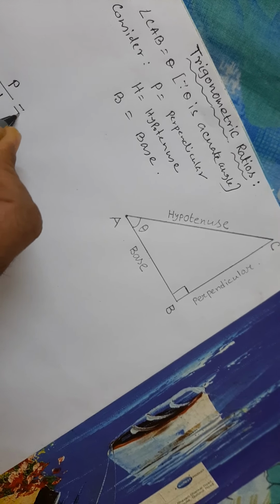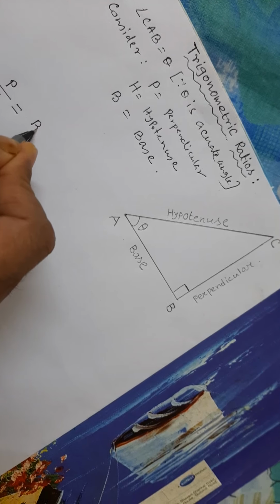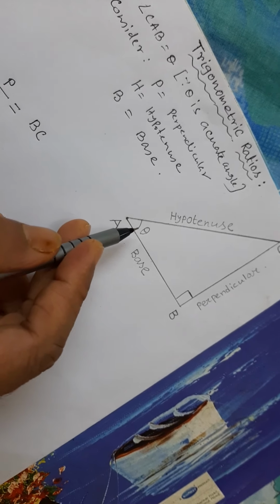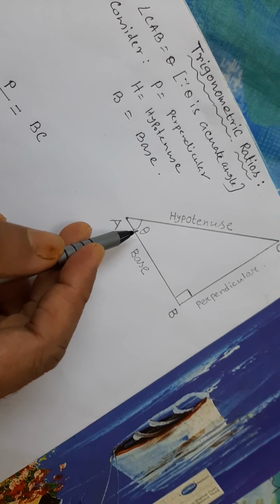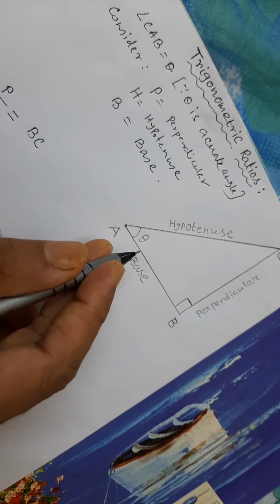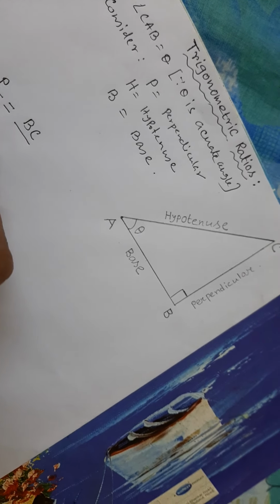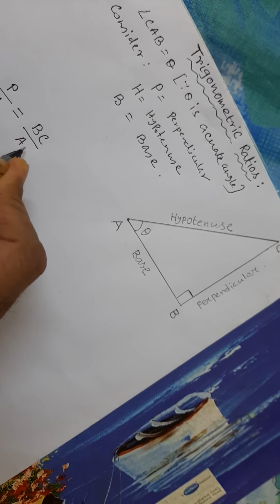Perpendicular means BC with respect to angle theta, that is angle A. We are taking angle A equal to theta, less than 90 degrees. So BC and hypotenuse is AC.